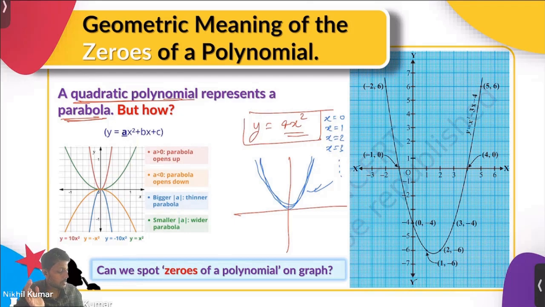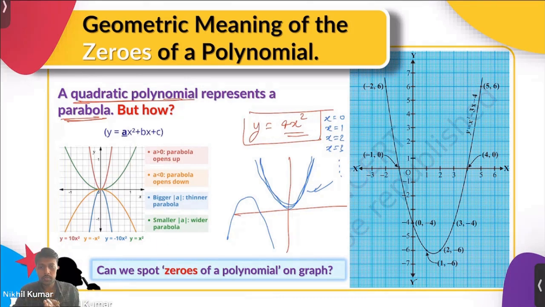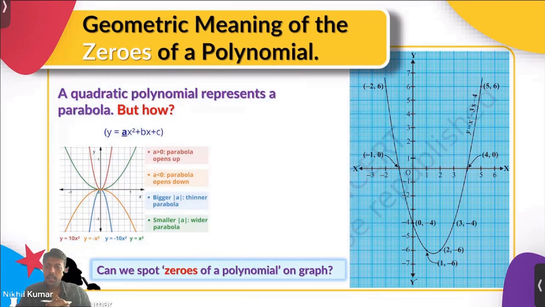Sometimes you might get an upside down parabola. Sometimes you might get a parabola just touching the x-axis. Sometimes you might get a parabola crossing the x-axis and so on. But you will get a parabola. There is no other way. Okay, with this understanding, now we are going to look at something very important which is going to help you in your exams.